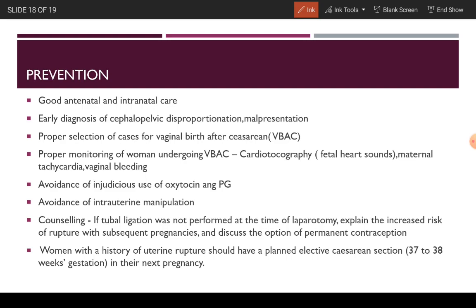You have to know whether she is fit for a vaginal delivery. Otherwise, if she is not, then you take her for CS. And from our part, we should avoid injudicious use of oxytocin and prostaglandin, and avoid intrauterine manipulations.